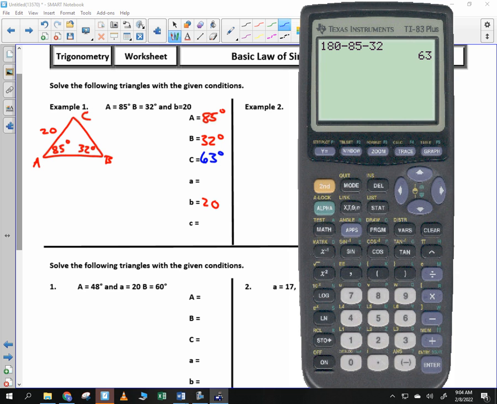The sine of what over what? Good. The sine of 32 over 20. Notice you need an angle, and you need the angle's opposite side. Equals what over what? Sure, we'll do sine of 85 over A.